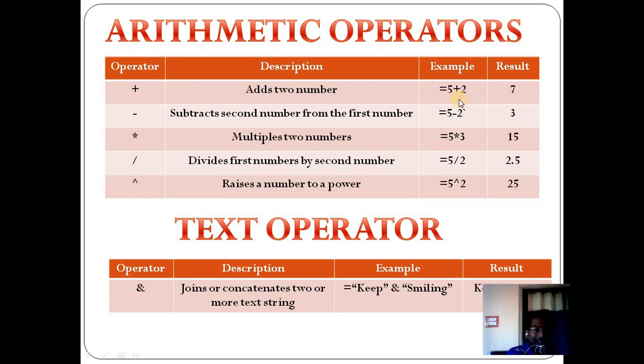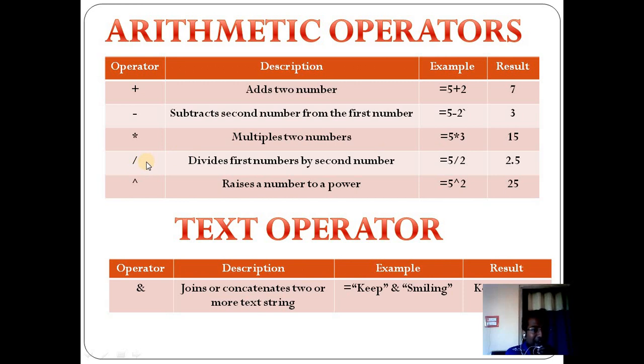I have already shown you how to use plus to add two numbers in Excel, and the result will be 7. When you use subtract, that means minus, it subtracts the second number from the first number. So 5 minus 2, the answer will be 3. When you use multiplication, it multiplies two numbers using the multiply operator, so the result will be 15.